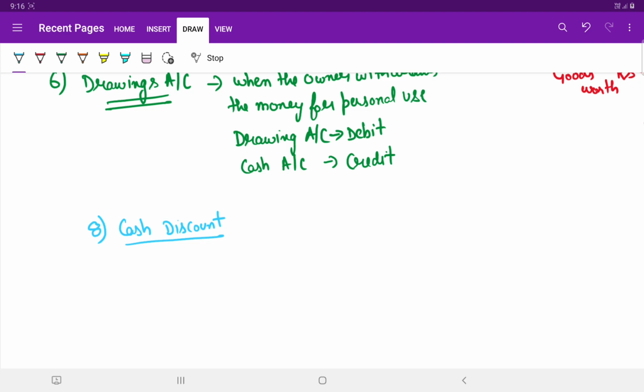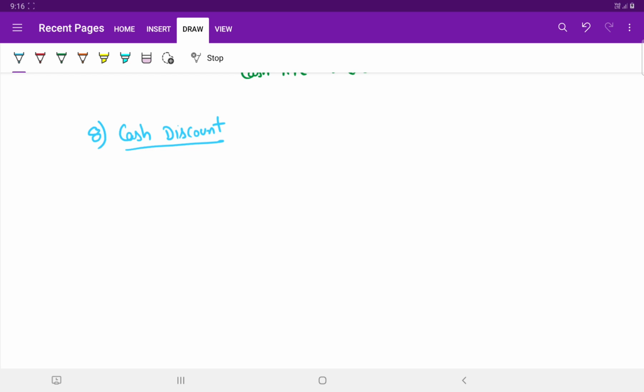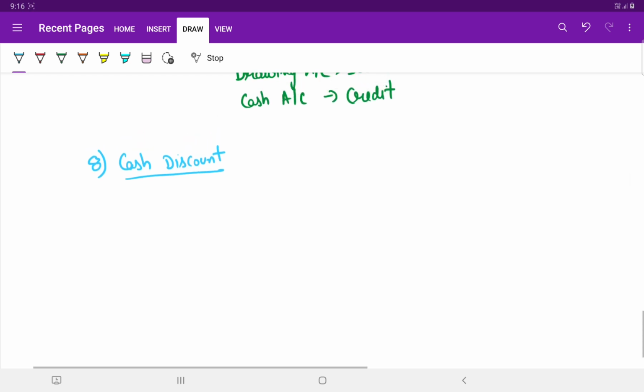Now for example, a businessman buys goods for rupees 4,500. So first of all we must write the definition.